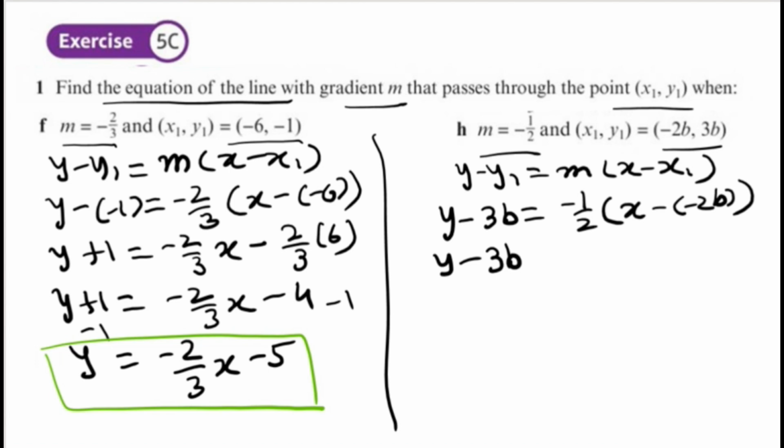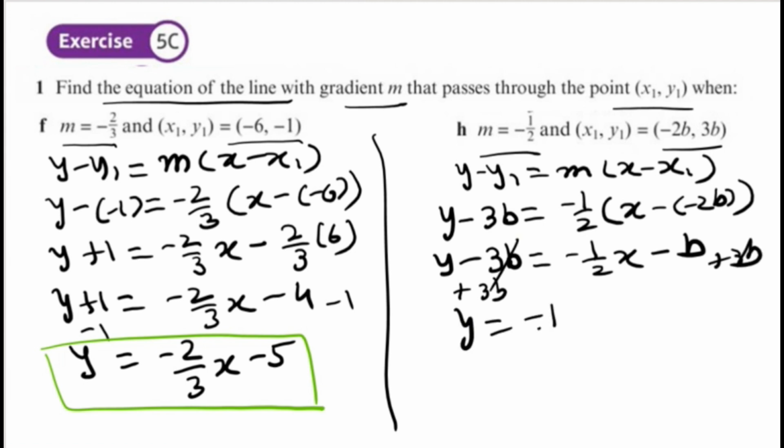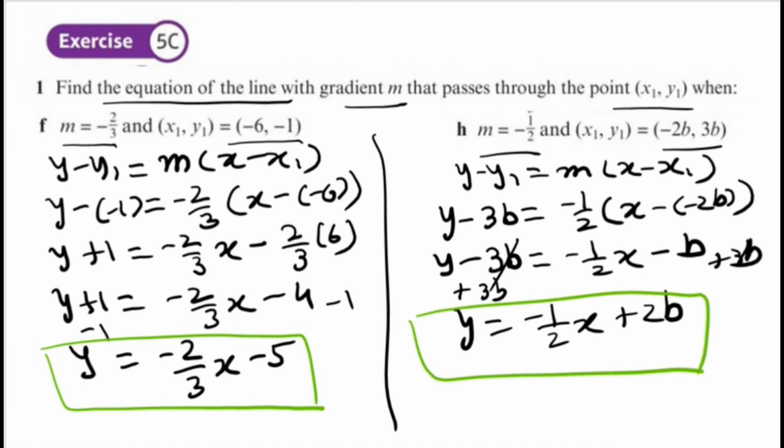So y minus 3b is equal to minus half x minus half times 2b, because the 2 will get cancelled, plus 3b on both sides. So y is equal to minus half x minus b plus 3b, which will give you plus 2b. So our equation of line for this gradient and coordinate is y = minus half x plus 2b.